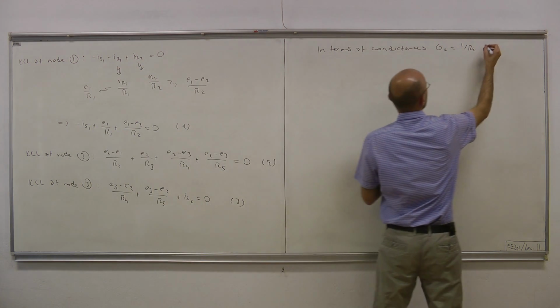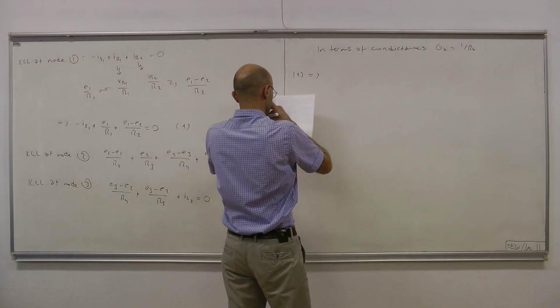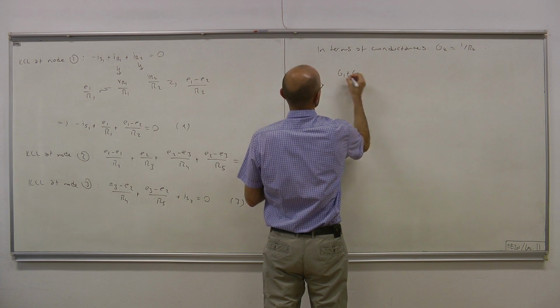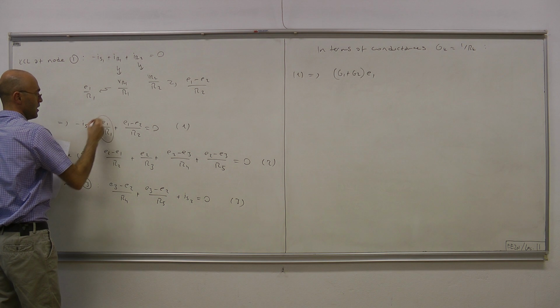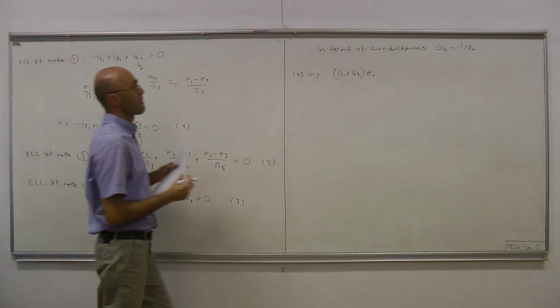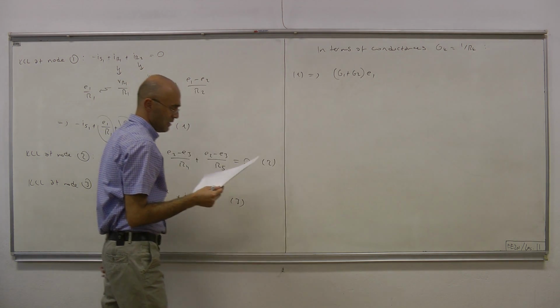Let's rewrite our equations. Equation 1 becomes (G1 plus G2) times E1, okay? Here is G1 E1, here is G2 E1, then we collect those two terms and write (G1 plus G2) times E1.